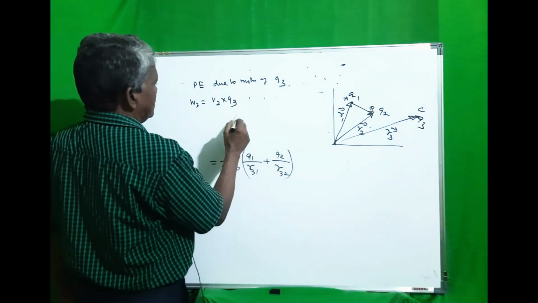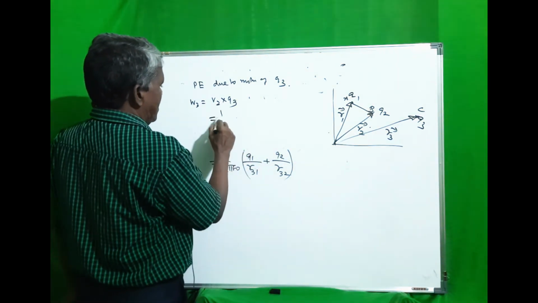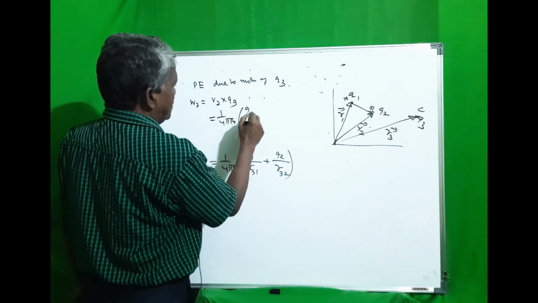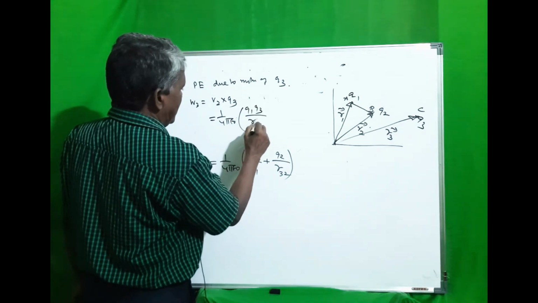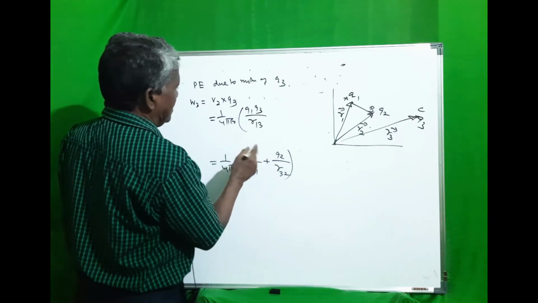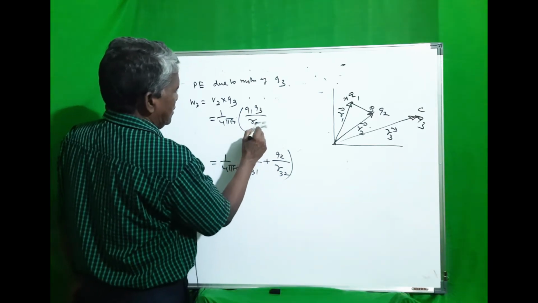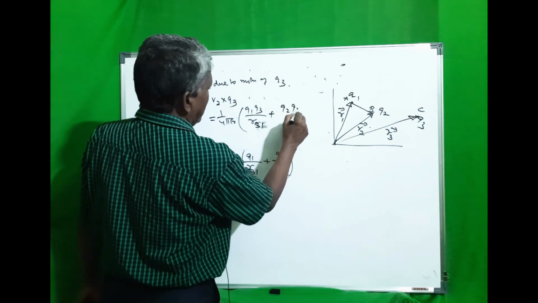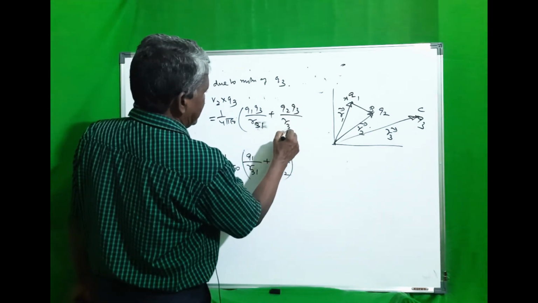This is 1 by 4 pi epsilon 0 times Q1 Q3 by R13 or R31, same thing, plus Q2 Q3 by R32.